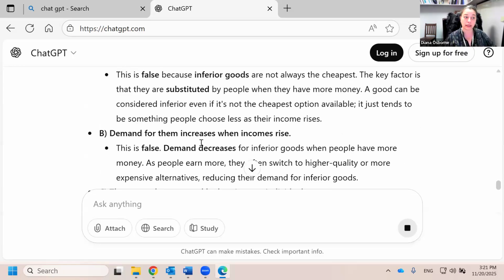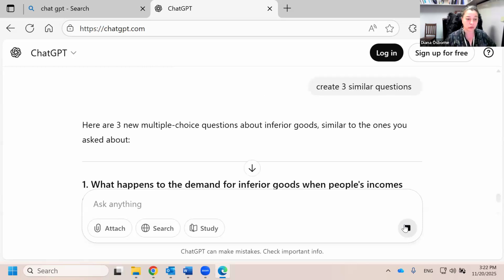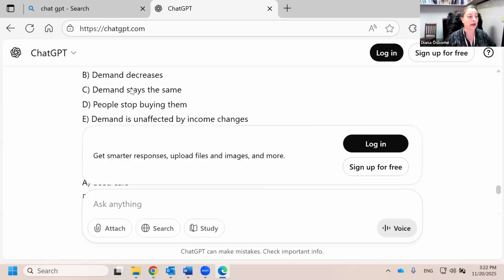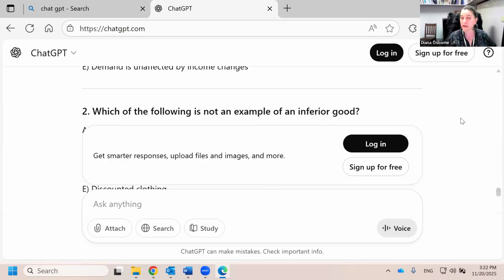There it is. I'm getting an explanation. Create a similar one. And there I am. I am going to learn this concept really, really well by diving in and using a resource which is available to me.